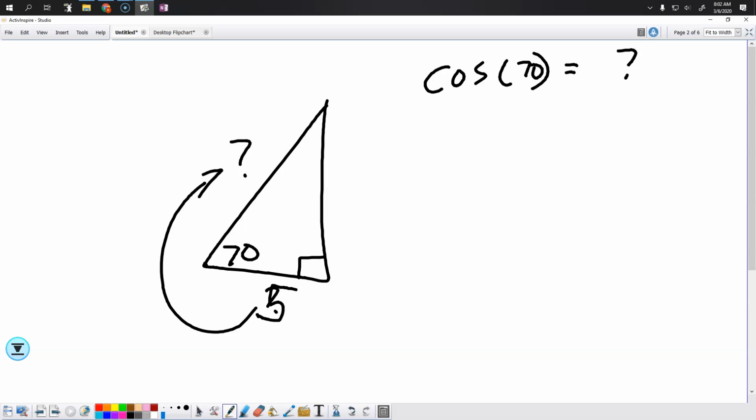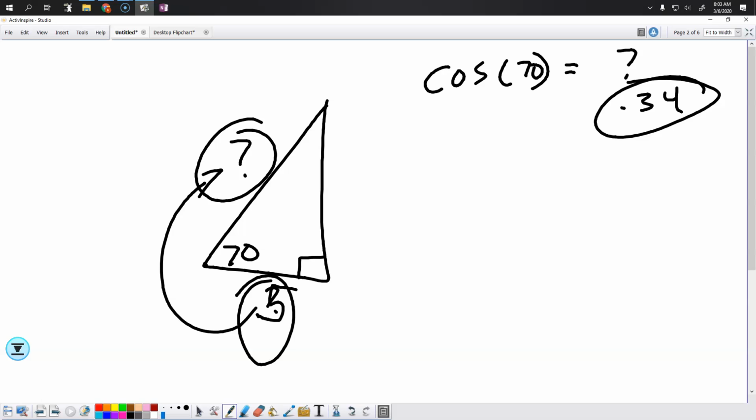But our calculator knows. Our calculator knows what the ratio of this side to this side would have to be. So if you type in cosine of 70, what does it tell you? 0.34. So what that means is that this side here is 0.34 times the size of this one.